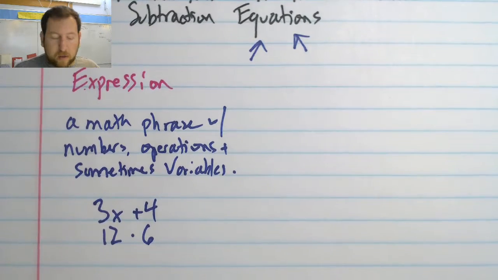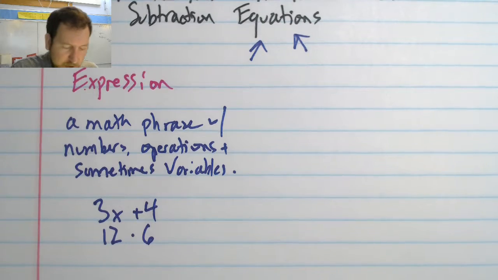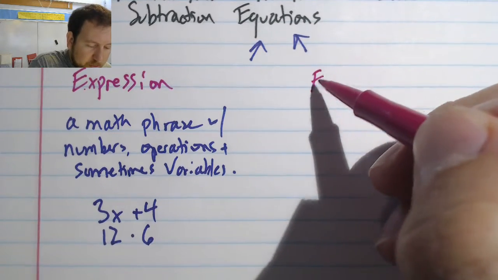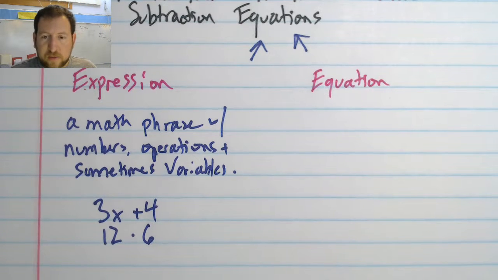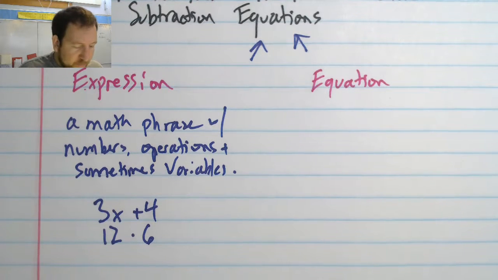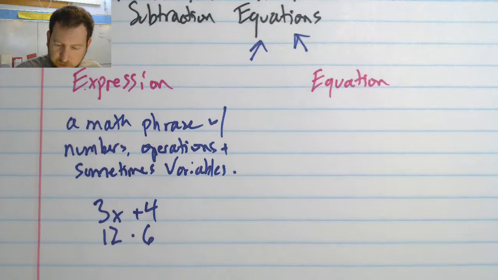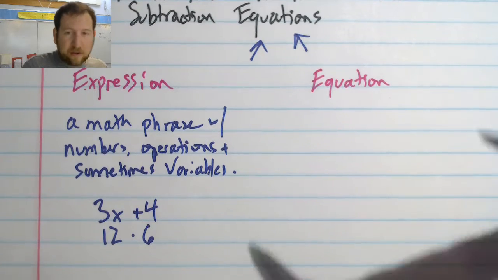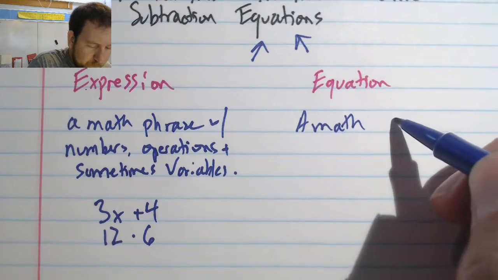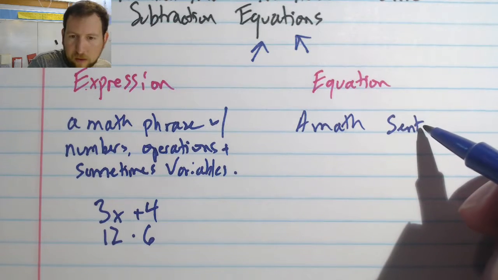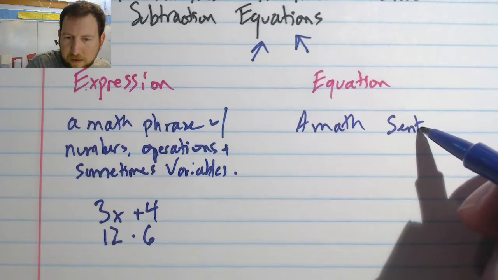Now, we're going to compare that to this new idea we have in equations. An equation is something different. Instead of a mathematical phrase, what color did I use, we have a mathematical sentence. I can never remember how to spell that one.